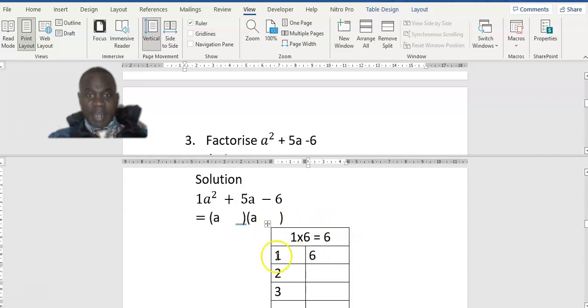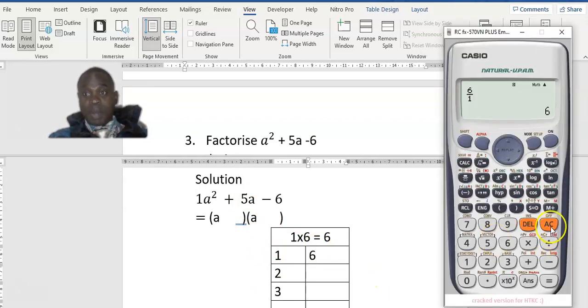Let's see whether 1 plus 6 is going to give us 5. 1 plus 6 is what? 7. It's easy. So should we use this? No, we can't use this one.